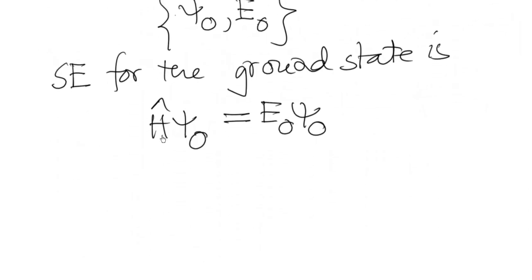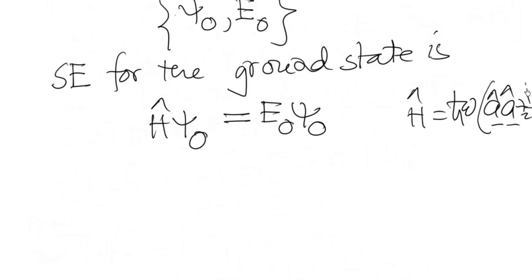Now we have two expressions for H. One is h cut omega (a plus a minus plus 1/2), and the other is h cut omega (a minus a plus minus 1/2). Which one should we use here? We should use this one, because when we put this here, then we'll have a minus psi naught, and a minus psi naught is 0, because we cannot go down from the ground state.